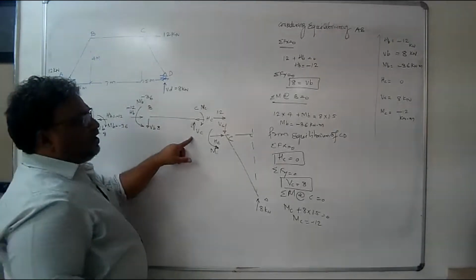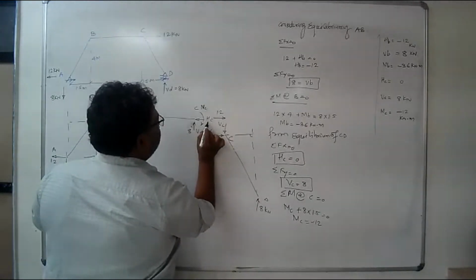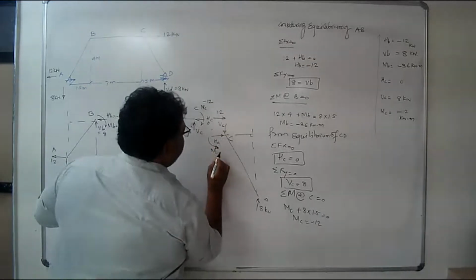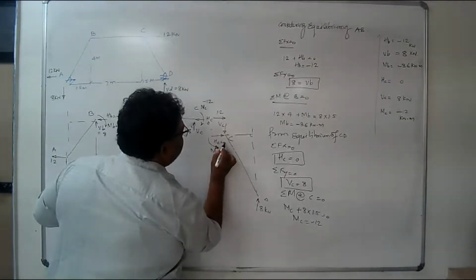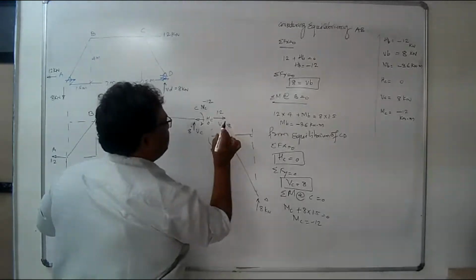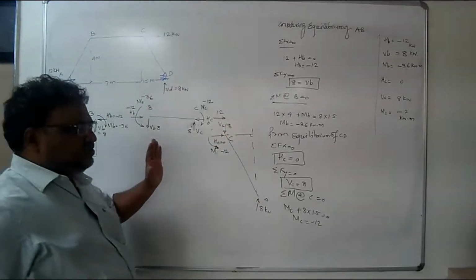What about here VC? VC I have got positive, so it is equal to 8. AC it is 0. What is MC? It is equal to minus 12. So MC is equal to minus 12, AC is equal to 0, and VC I have got positive, so it is equal to 8. That's all finished.